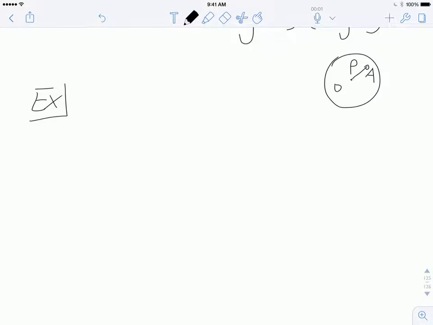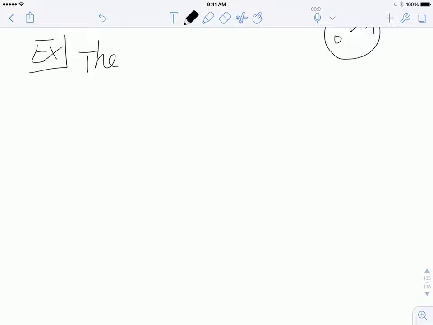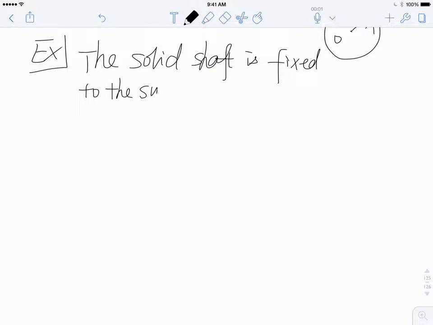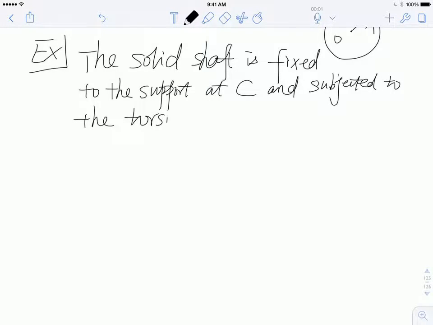First of all, we have a solid shaft fixed to the support at C and subjected to torsional loads at A and B, two points.